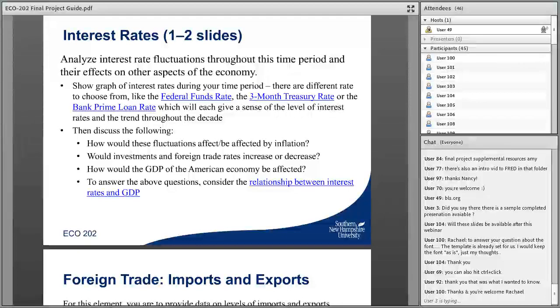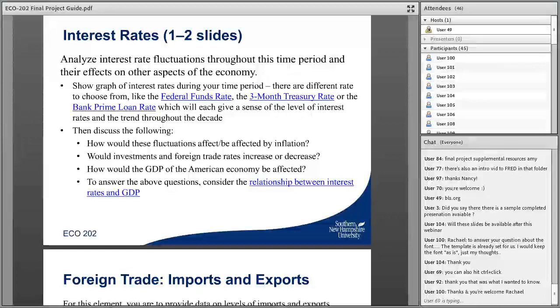If the value of the dollar is higher, foreign trade will be affected because we won't be able to export as many goods because our goods are too expensive for foreign countries. The opposite will happen if the value of the dollar is lower, we'll be able to export more. If the value of the dollar is lower, we will import less because it's more costly for us to pay for products from other companies.